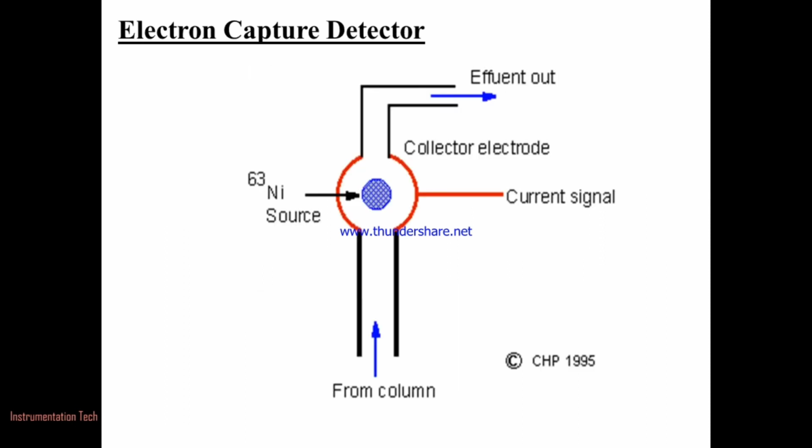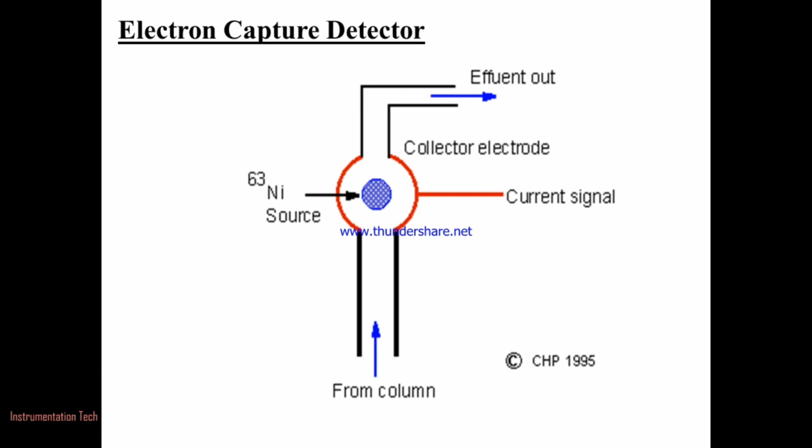Second one is the electron capture detector. In this figure you can see there is a radiation source and one electrode and another electrode, then the separated components from the column and the effluent out. This detector has a radioactive source which ionizes the carrier gas coming out of the column.